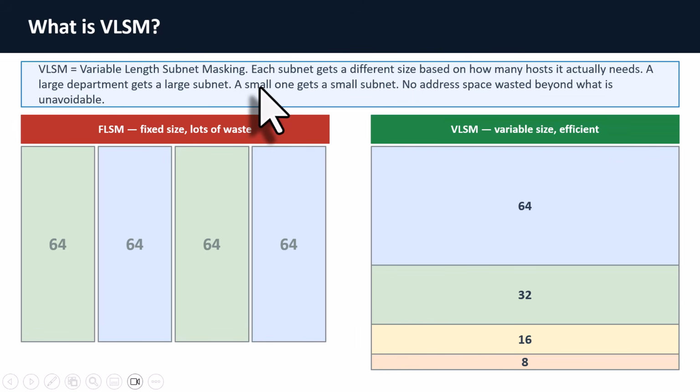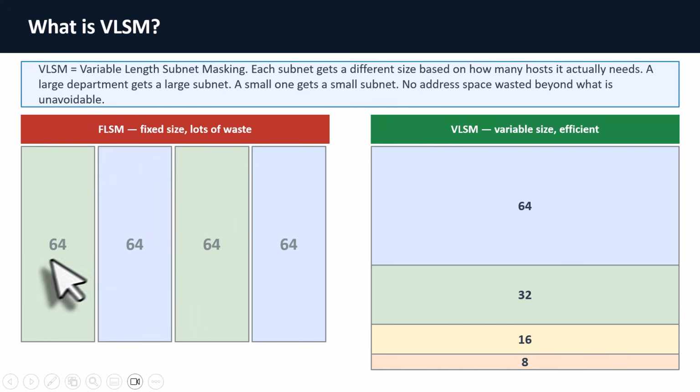Here in variable length subnet masking, each subnet gets a different size of the subnet mask based on how many hosts it actually needs. So a larger department gets a larger subnet, and a small one gets a small subnet. No address space is wasted beyond what is unavoidable. Here is an example.